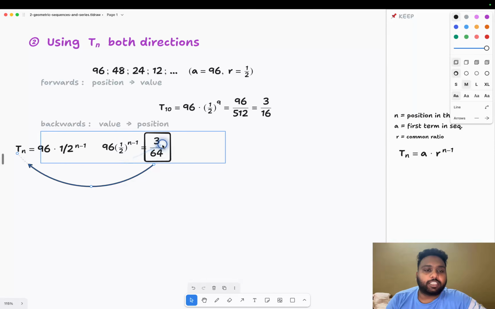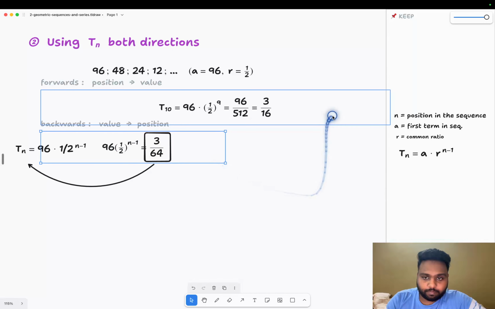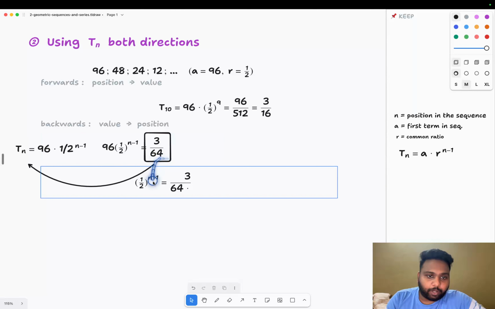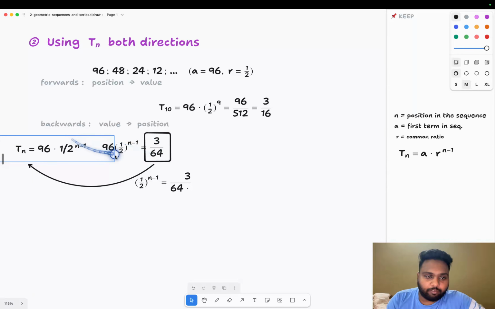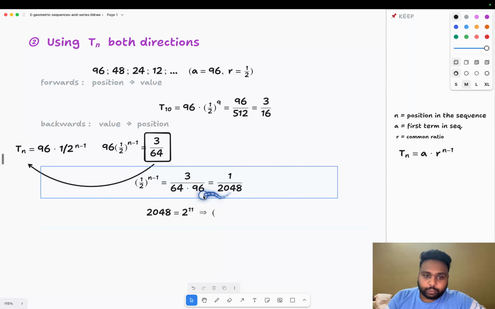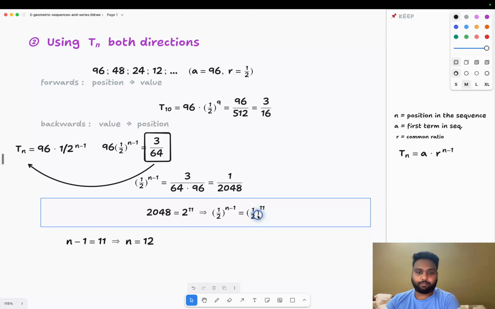We are just taking this, substituting it into T of n, and then we get this, right? 1 by 2 to the power n minus 1 equals 3 by 64, and we shifted 96 over, and then we get 1 by 2048. 2048 is 2 to the power of 11, which is equal to 1 by 2 to the power of 11, so n minus 1 is equal to 11, and the value of n is going to be 12, right?